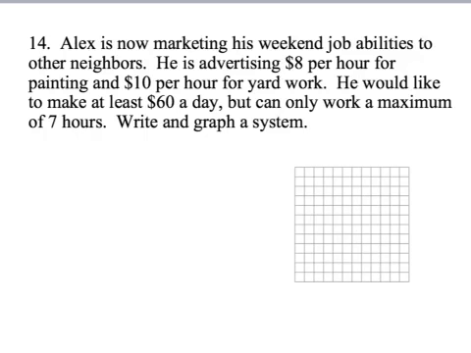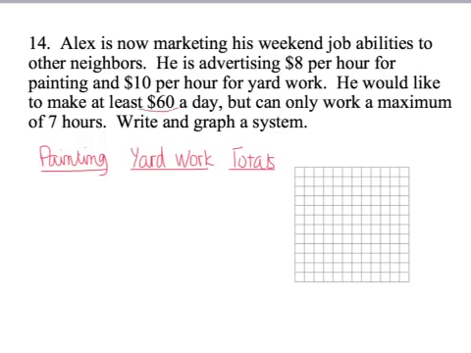If I was you, I'd probably set up a little table. So we're doing two things here. He is painting and doing yard work. And then of course we want to focus on our totals. Your totals are going to tell you how you write your inequalities. So we want to make at least $60 a day.